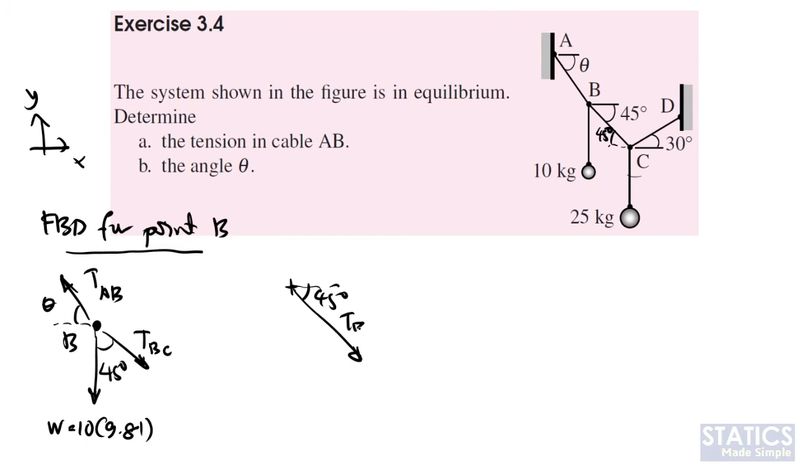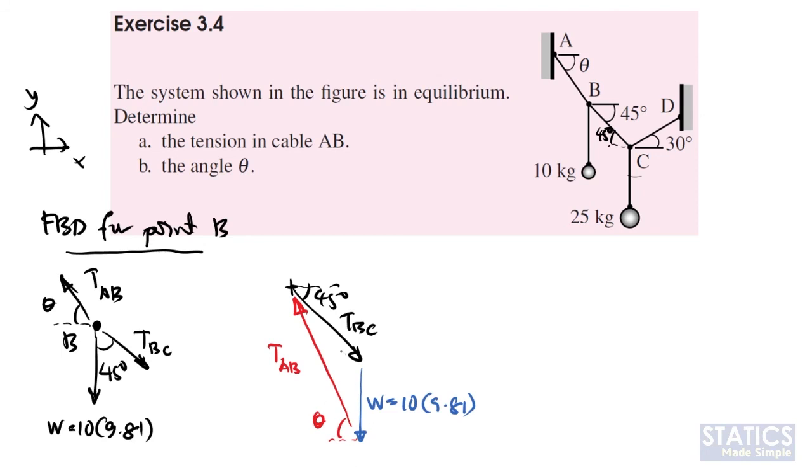This is our TBC, followed by our weight. In order for the triangle to be a closed polygon, our TAB should be pointing towards this direction. This is our TAB, and this will be the angle for the TAB, theta.